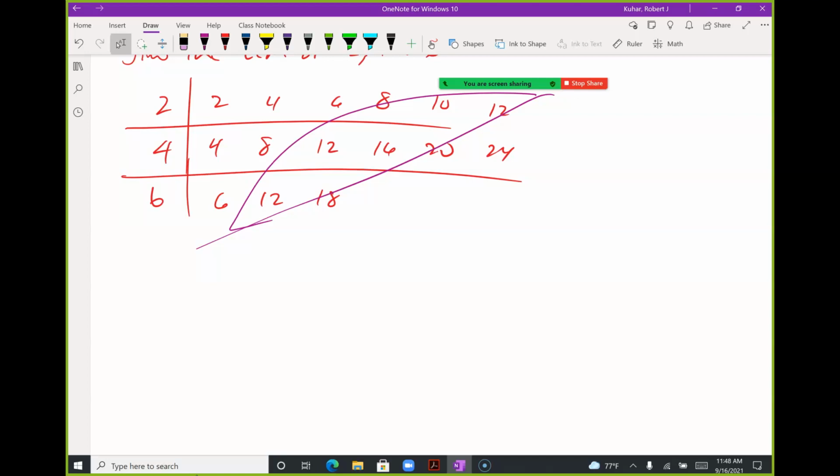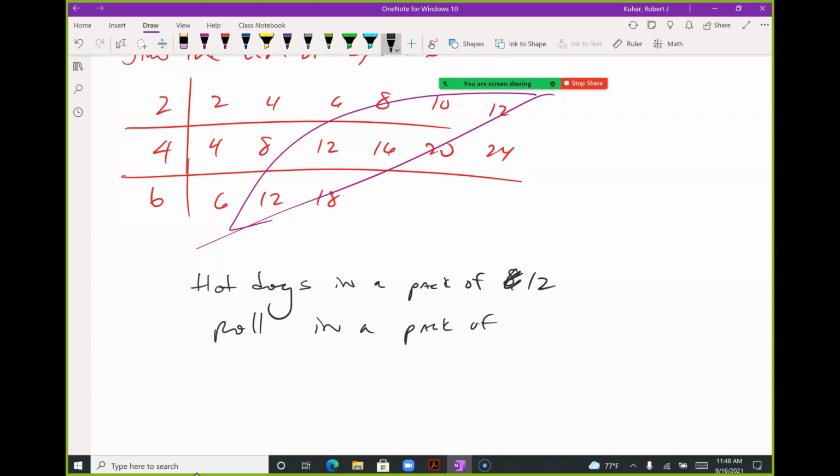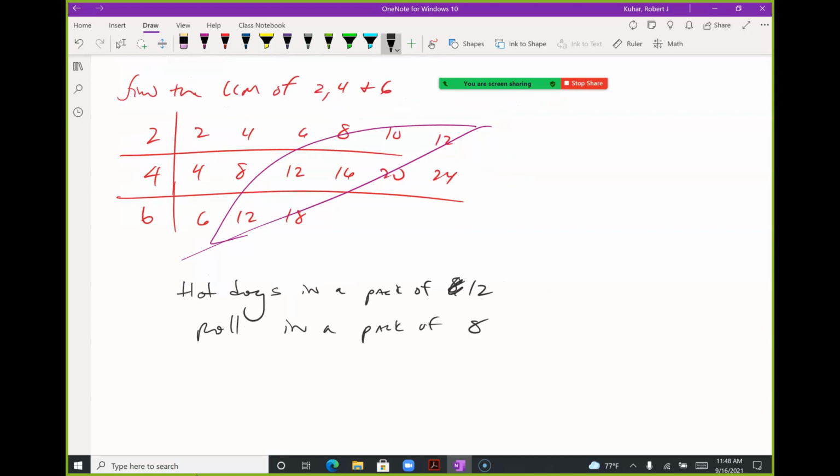If hot dogs come in packs of 12, and rolls in a pack of 8, how many packs of each do I have to buy in order to have everything match up and not have extra hot dogs or extra rolls?